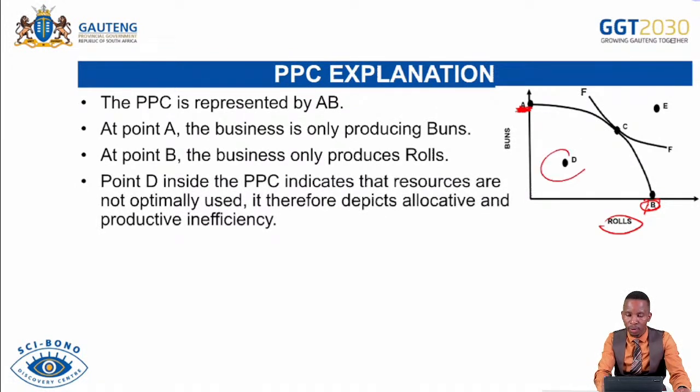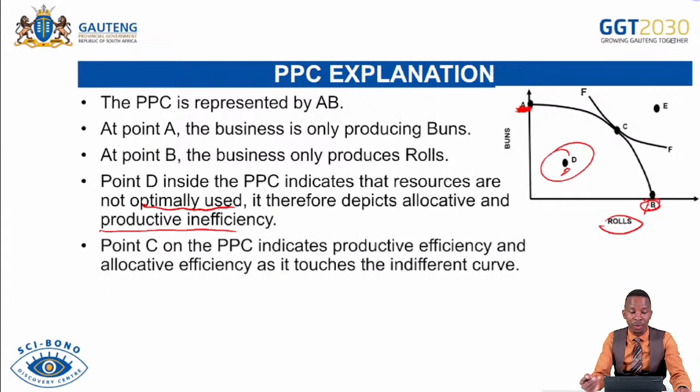Point D, which is the point inside the PPC, indicates that resources are not optimally used. So this indicates that resources are not all utilized. It therefore depicts allocative and productive inefficiency. So this point here indicates allocative inefficiency of resources and also productive inefficiency, because goods are not made available at the right quantity to consumers, because resources are underused.